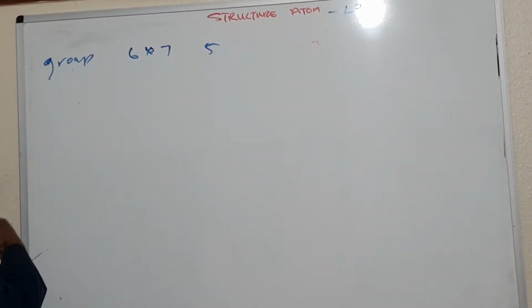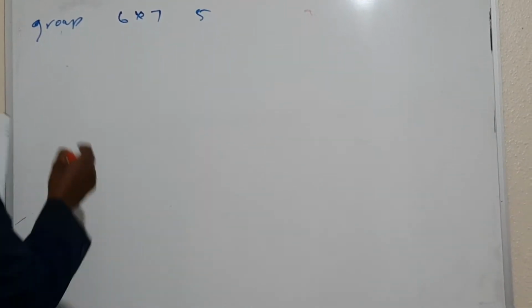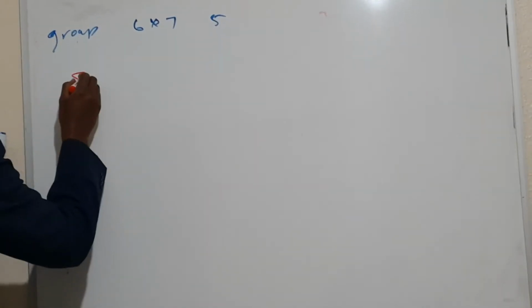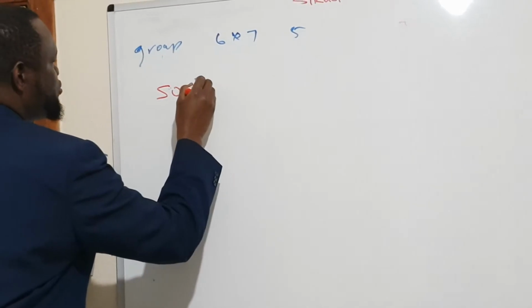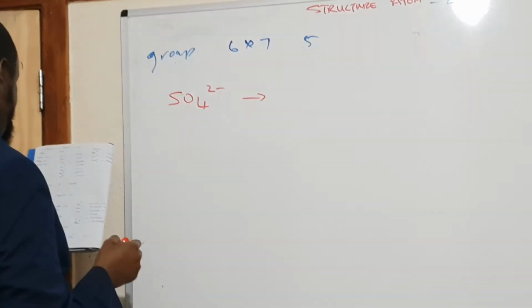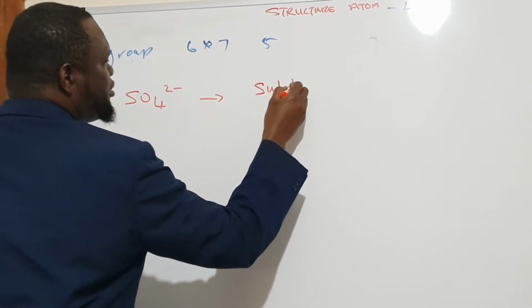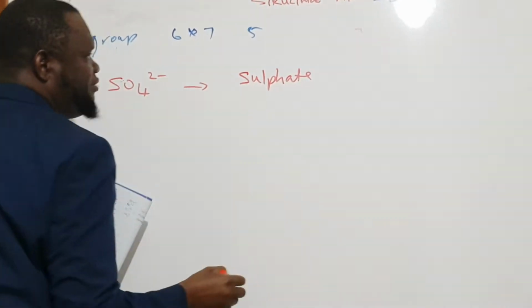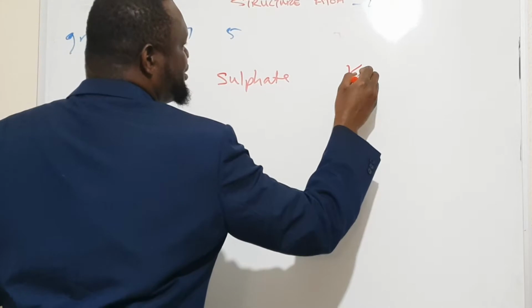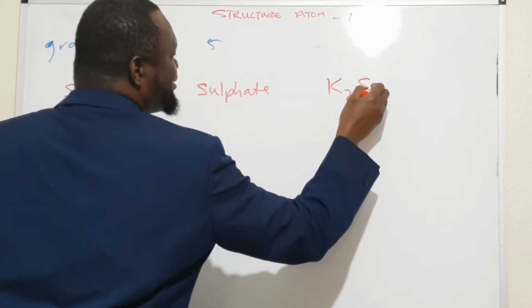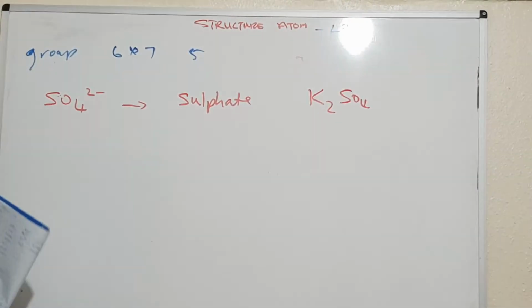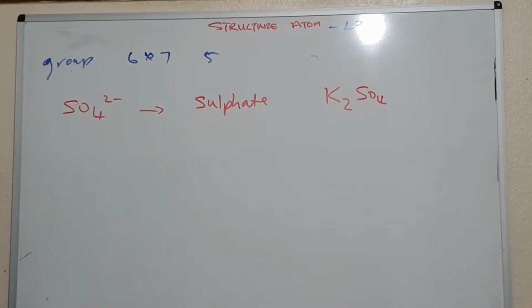Now our famous one, and when I say famous, it means they appear very often: SO4 2 minus. They call this sulfate. The compounds formed from this are called sulfates, like potassium sulfate. Why K2?